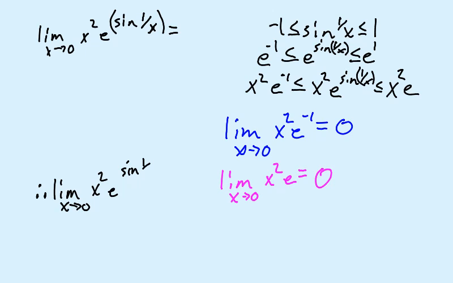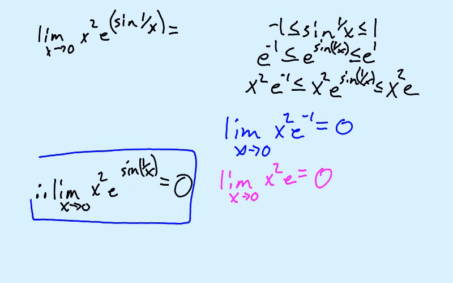And we know this since we've already proved that x squared times e to the sine of 1 over x is sandwiched by x squared times e to the -1 power and x squared times e. Wow, that was a mouthful.